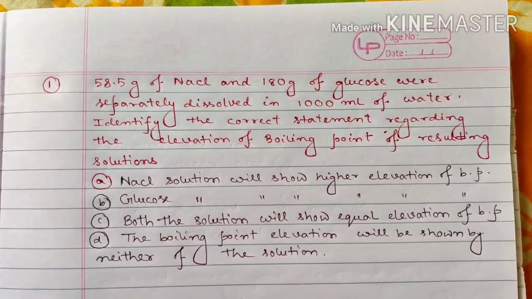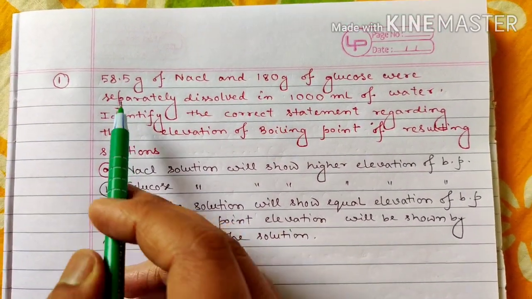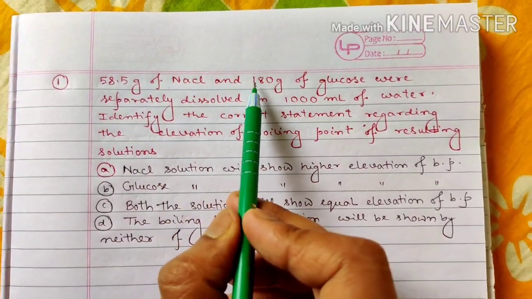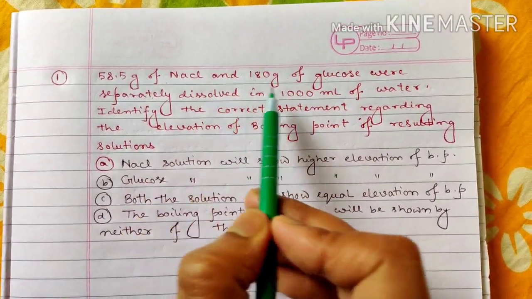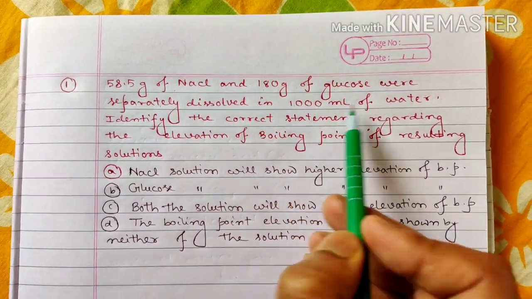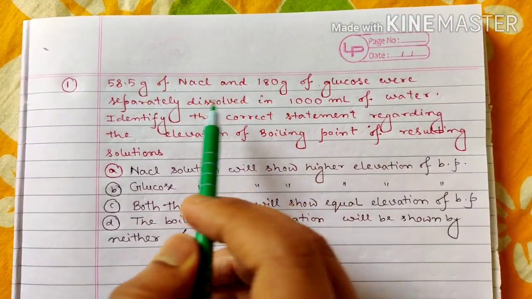Let us start today's discussion with a standard problem. The problem goes like this: 58.5 gram of sodium chloride and 180 gram of glucose were separately dissolved in 1000 ml of water. Try to understand that the solvent here for both the solutes is the same.